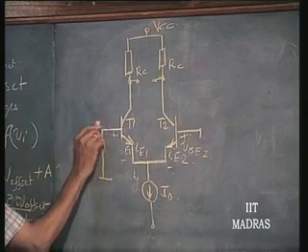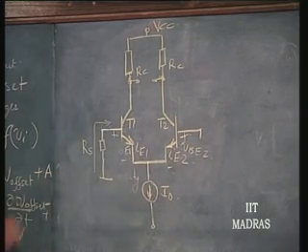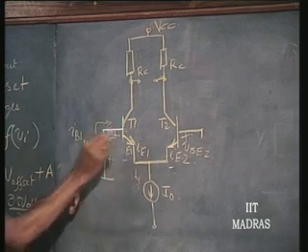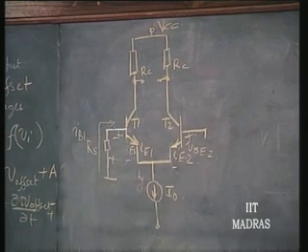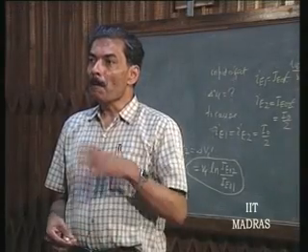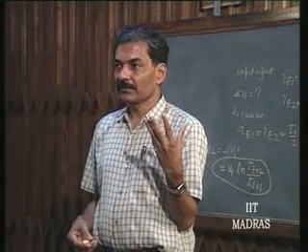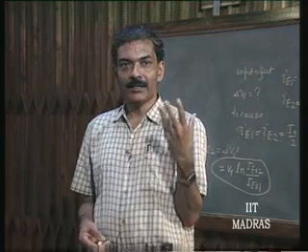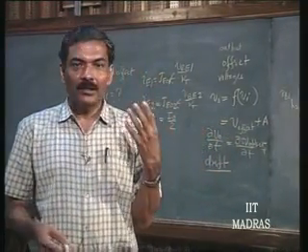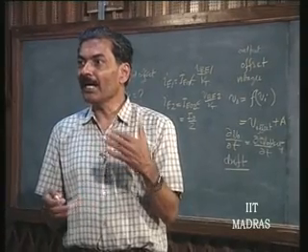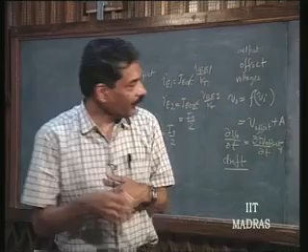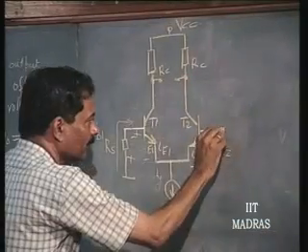Since there is a base current IB1 flowing in this, IB1 into RS itself will act as an offset voltage. This is called bias current offset. That is coming into the picture only when you have a source with high source impedance connected to the input.